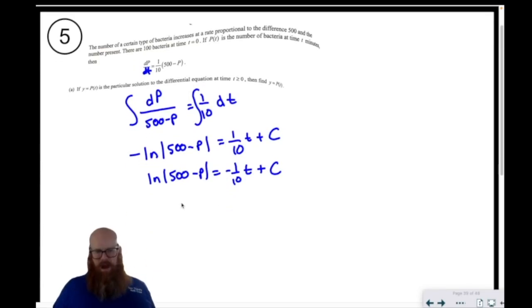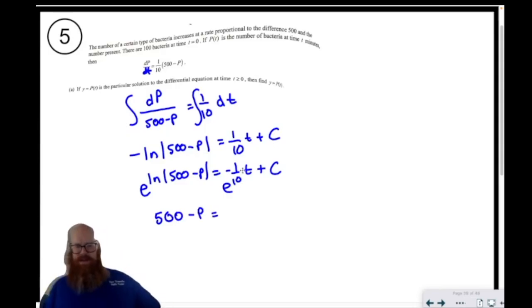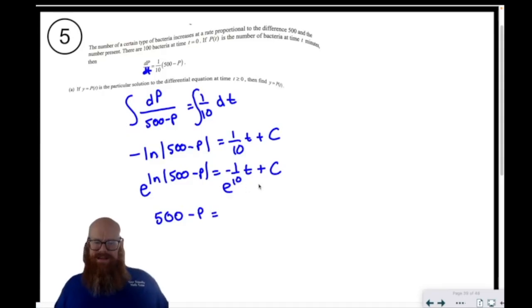And then I'm going to exponentiate, so I'm going to do e to both sides. E to the ln essentially cancel, and I get 500 minus p. And then I have e to the -1/10 t, but that's like multiplying by e to the c. But the e to the c is just another constant. So I'm going to write it as c e to the -1/10 t.